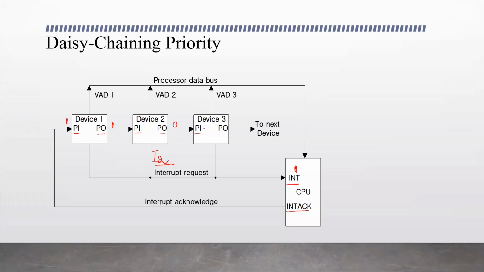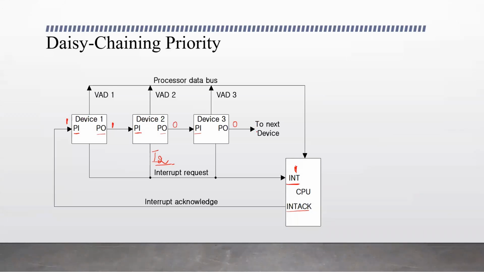So when the priority input of any device is 0, it means the acknowledgement signal is blocked and the CPU is servicing some other device. This device cannot now take service from the CPU. As it is already blocked by some device, it places 0 in its output line, and the priority input of the next device also will be 0.